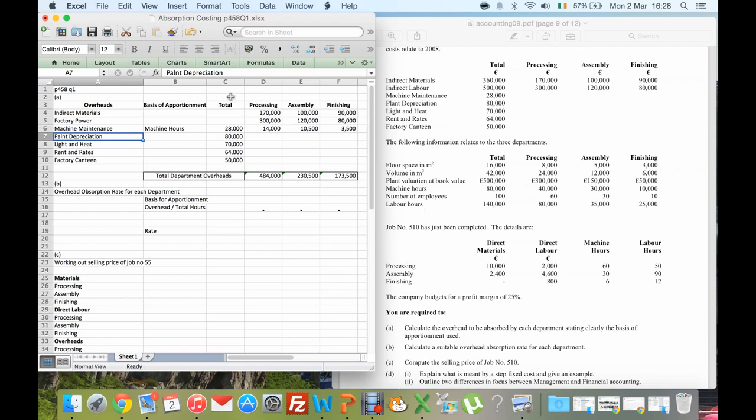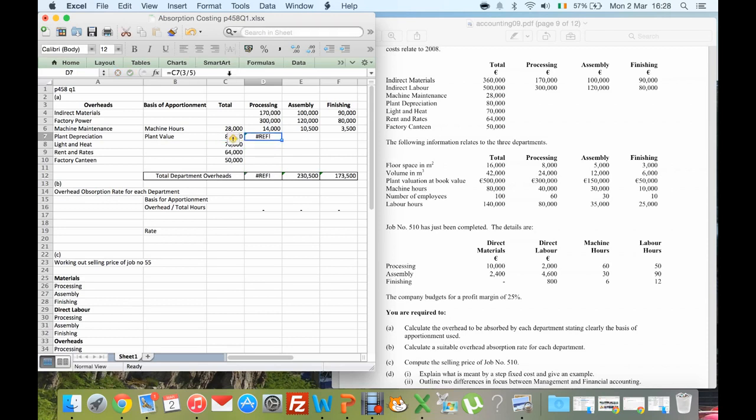Plant depreciation should be based on something to do with plant, so there is plant book value. So plant value, 80 grand is plant value, so 3/5 of that goes to processing.